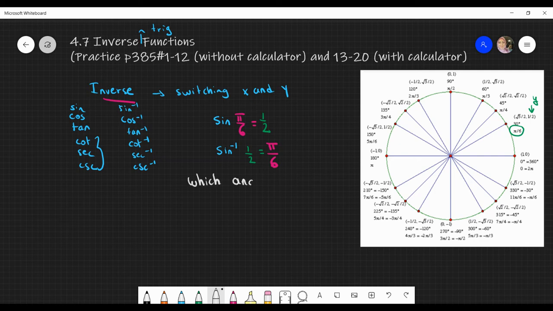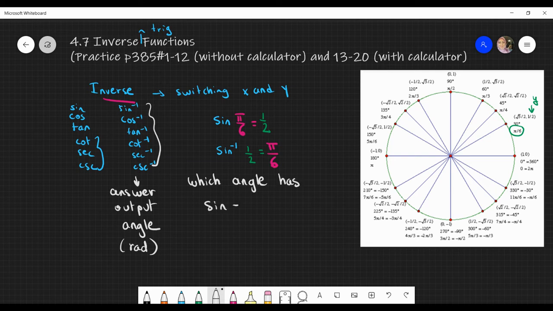which angle. So for all of those, the answer, which is the output, is going to be an angle on the unit circle. And we said by convention, we give our answer in radian unless the question asks us to give it in degree. So which angle has sine equal half?